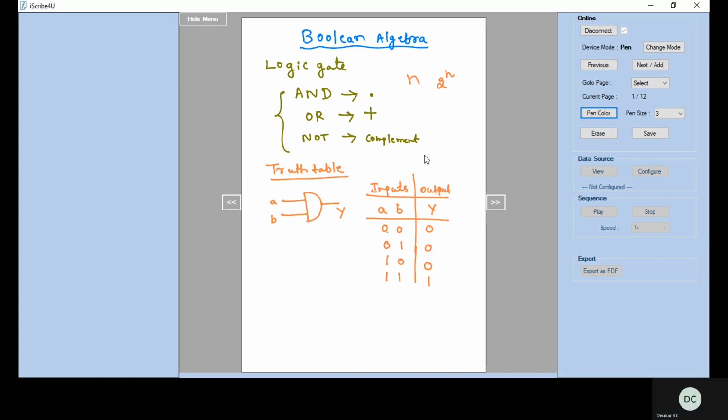From the truth table, it is clear that if any one of the inputs is at logic low, the output is at logic low. Therefore, the output is at logic 1 only when all the inputs are logic 1.